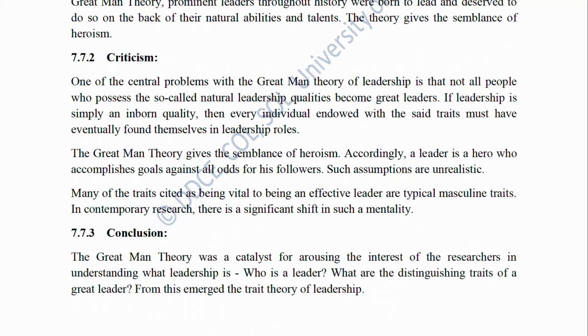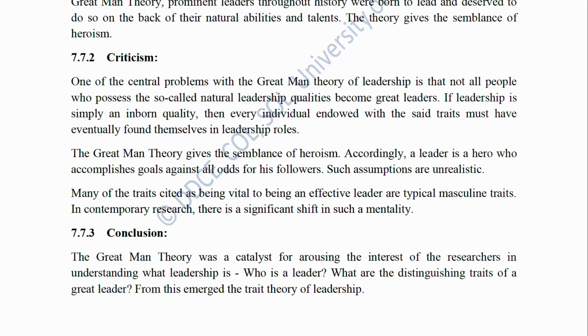7.7.2 Criticism. One of the central problems with the great man theory of leadership is that not all people who possess the so-called natural leadership qualities become good leaders. If leadership is simply an inborn quality, then every individual endowed with the said traits must have eventually found themselves in leadership roles. The great man theory gives the semblance of heroism.